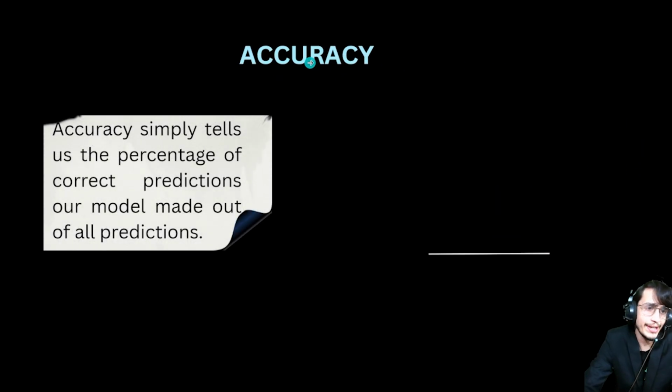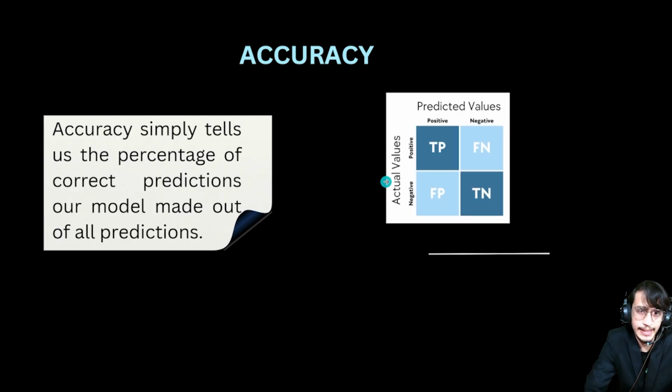So first of all, accuracy. Accuracy simply tells us the percentage of correct predictions of a model out of all the predictions. If these are all the predictions of the model, how many are correct? True positive is correct and true negative is correct, because these two are false.